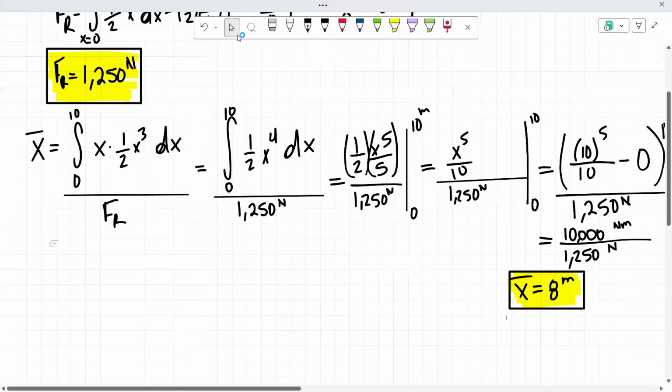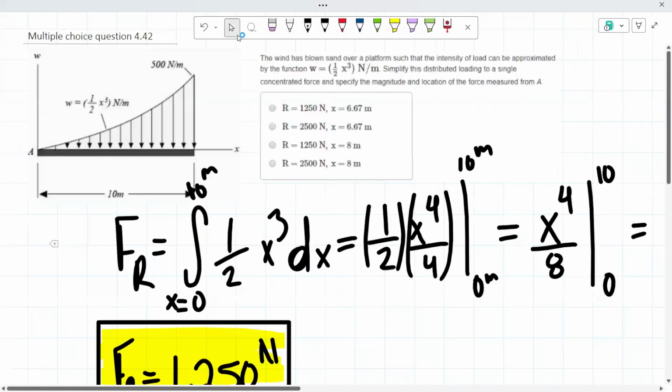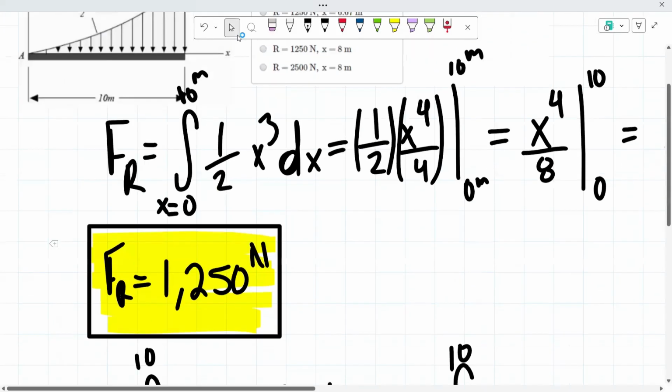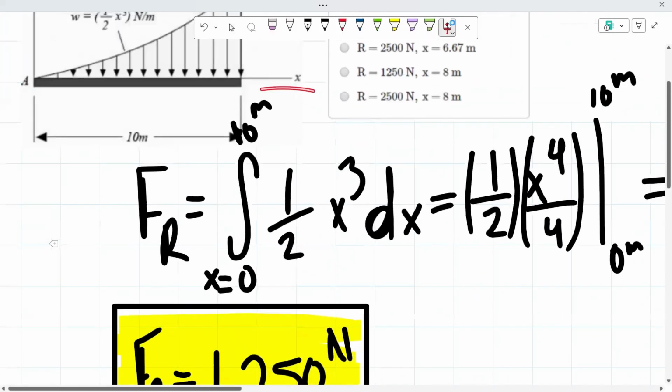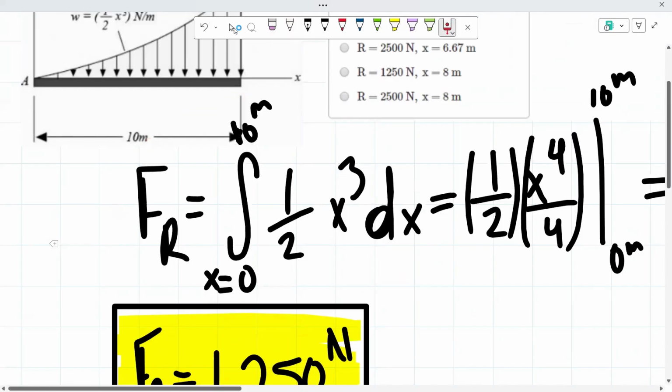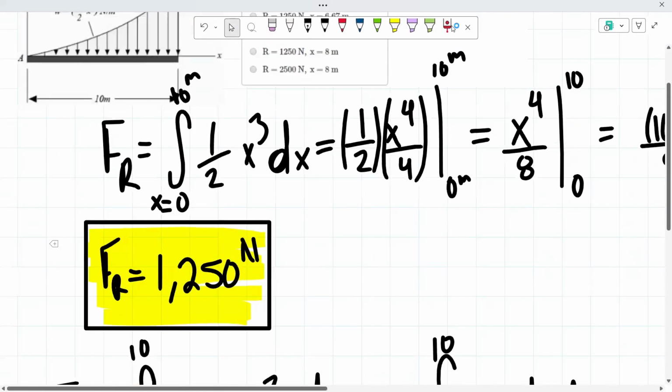So once again, this multiple choice question was asking us to find the concentrated force and to also specify the magnitude and the location of that force measured from A. What we did is we took this equation to find our concentrated force, and with that, we were able to determine the magnitude.